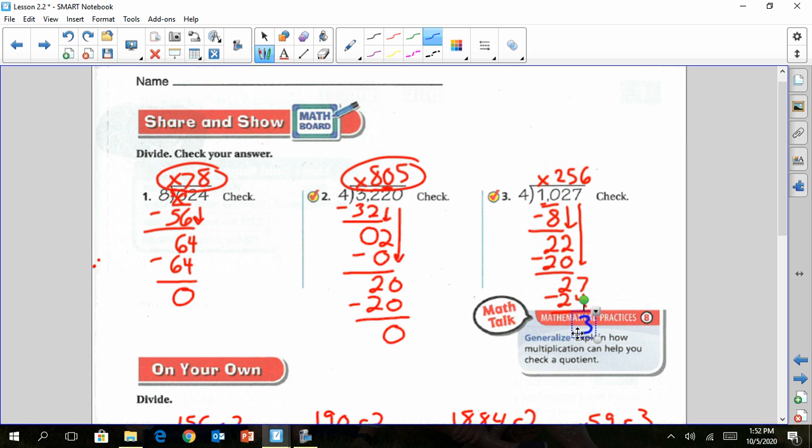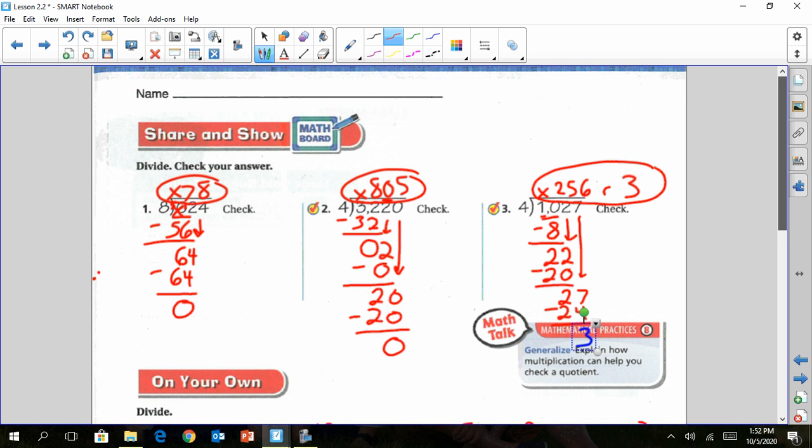And we have nothing left to bring down, so that's going to be our remainder. Remainder 3. Our answer is 256, remainder 3. If we wanted to check, we would take 256 times 4 plus 3, and we would get 1027 as our answer.